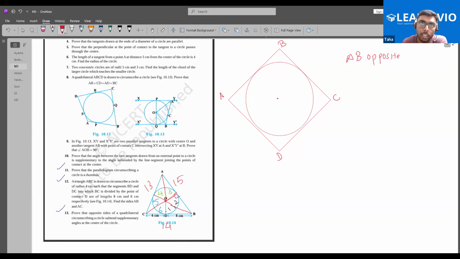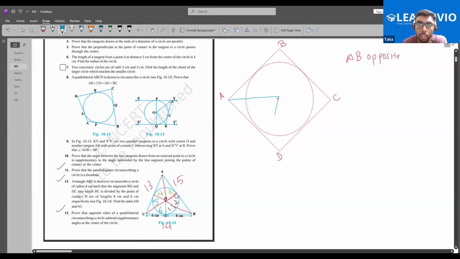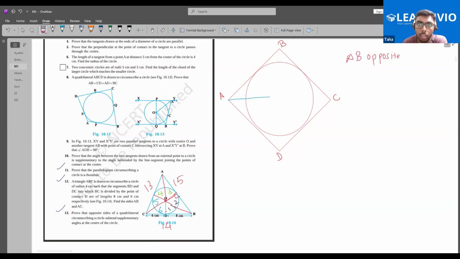Meaning this side, meaning this angle, this angle.